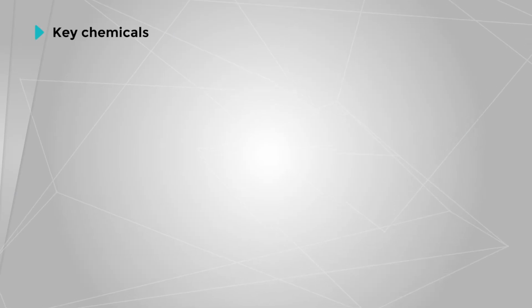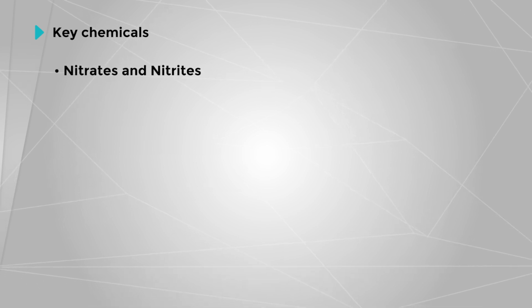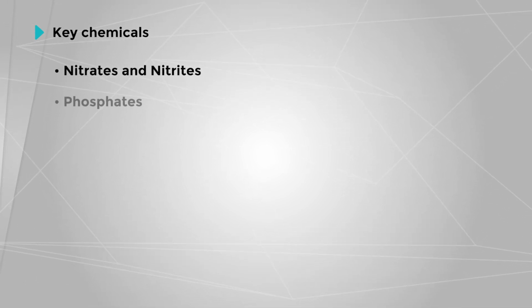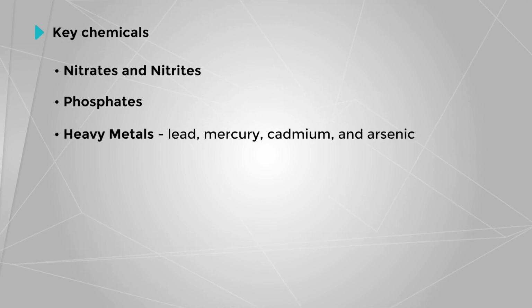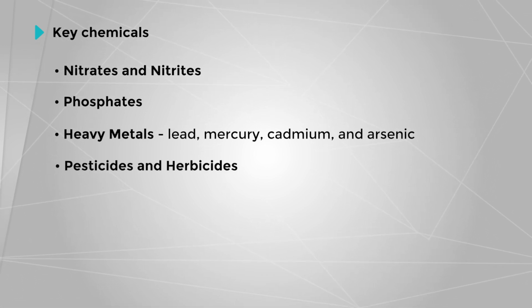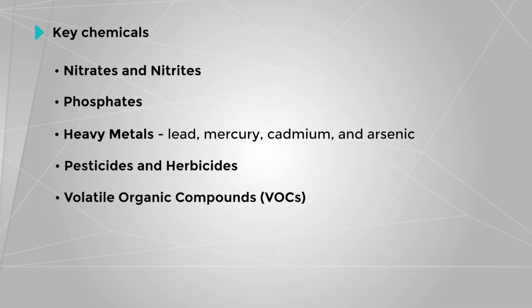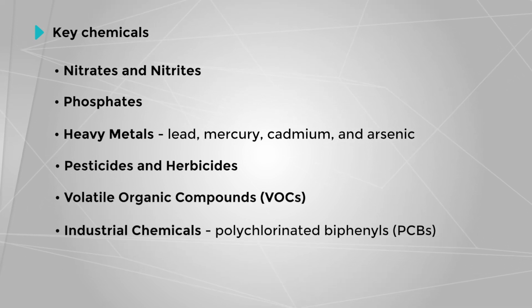Water pollution is associated with various harmful chemicals that can have detrimental effects on human health and environment. The important chemicals include nitrates and nitrites that can cause blue baby syndrome in infants, phosphates, heavy metals such as lead, mercury, cadmium and arsenic, pesticides and herbicides, VOCs, industrial chemicals that include polychlorinated biphenyls.